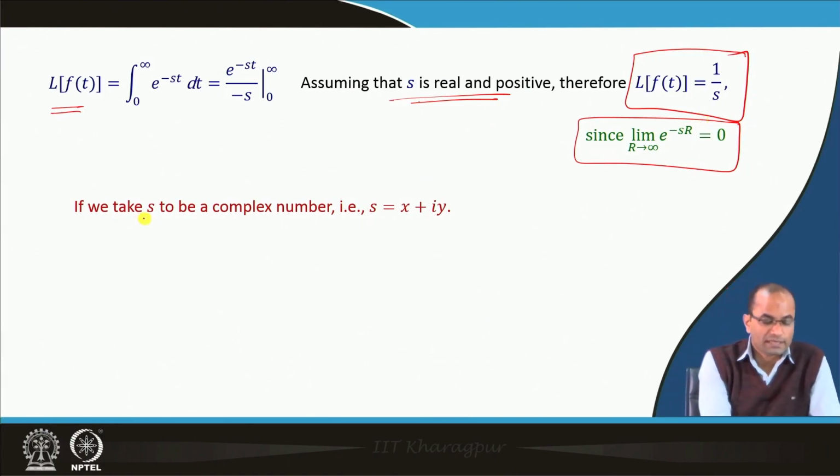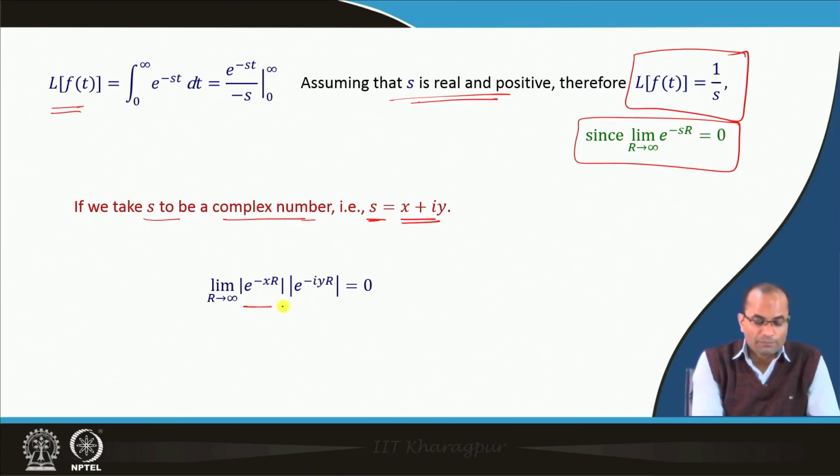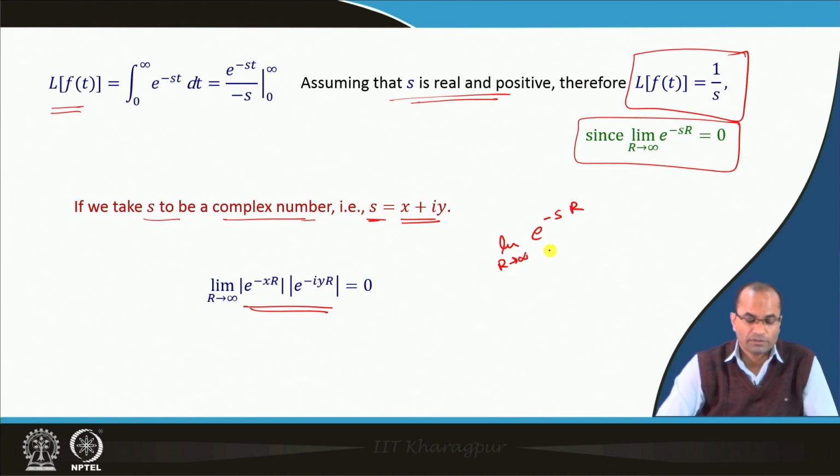If s is a complex number, that means s is equal to x plus i y of this form, then what will happen to this limit, because we had the limit of e power minus s t, or s r, as r goes to infinity. This was the point of discussion now.